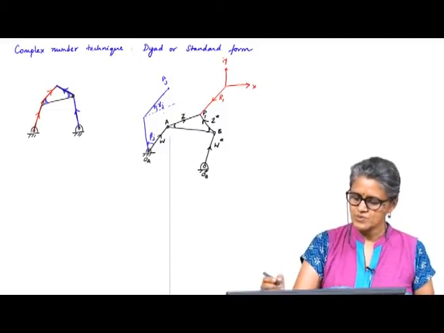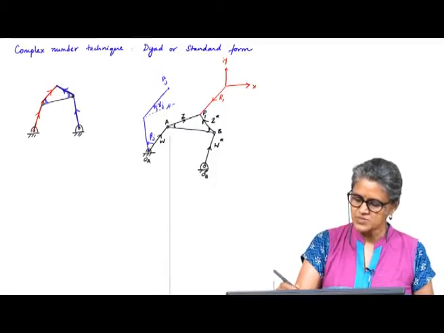Okay. So, this is the angle. So, these two lines are parallel.